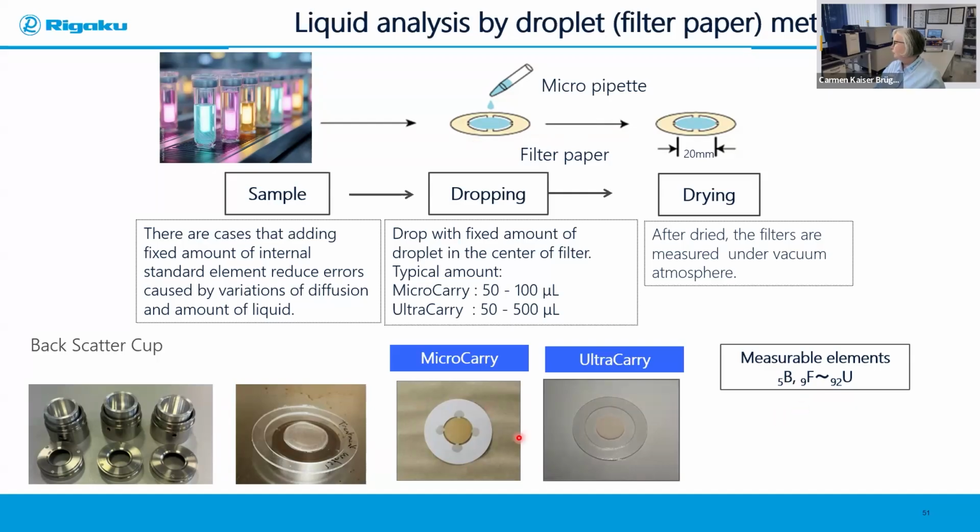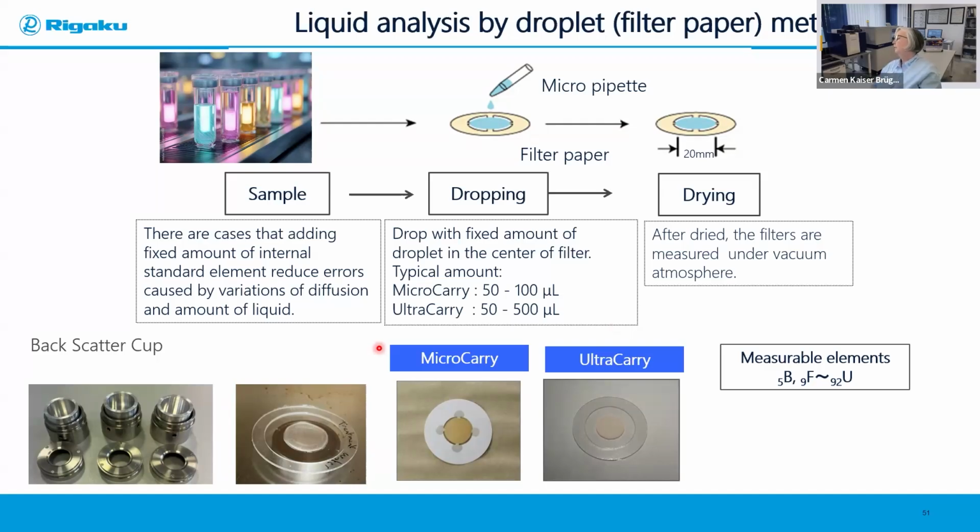So of course, the sample preparation is relatively easy because we can place a dedicated amount of the liquid, standard or unknown, onto the filter, dry the filter at a desirable temperature where we do not drive off the fluorine or boron, and end up with a specimen that can be measured in vacuum.